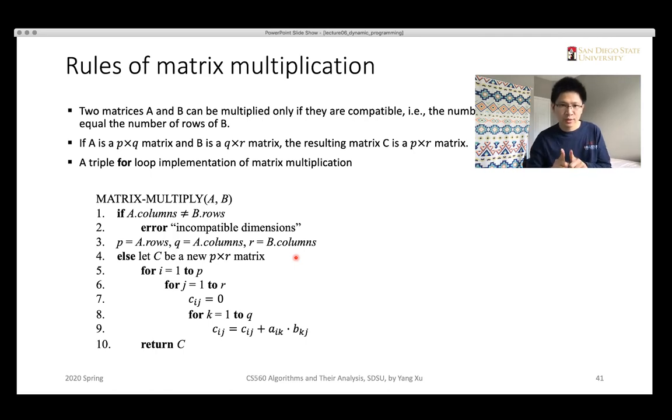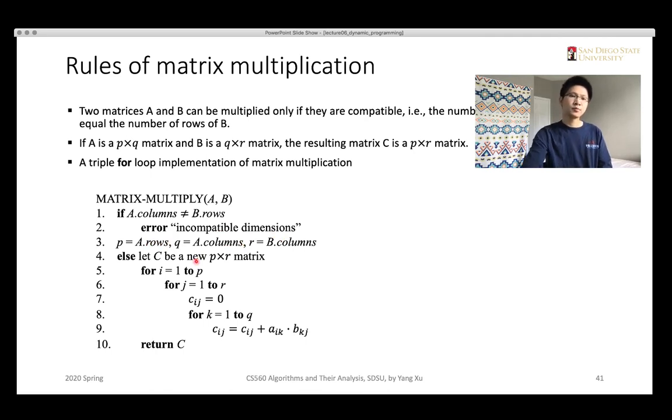So let's look at the pseudocode for this triple for loop implementation of multiplying two matrices together. We have A and B as inputs, so we first check if the columns equal the rows, and then we use some intermediate variables P, Q and R to remember the number of rows and columns in the two matrices.